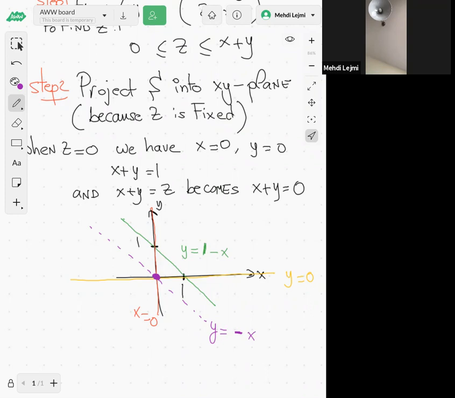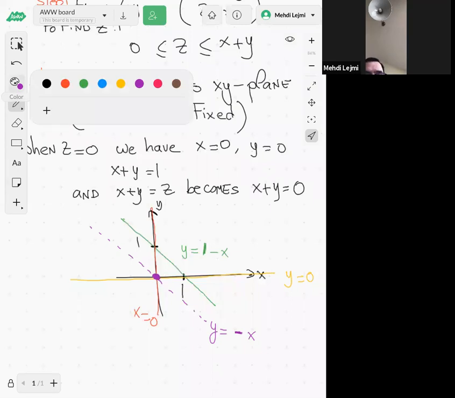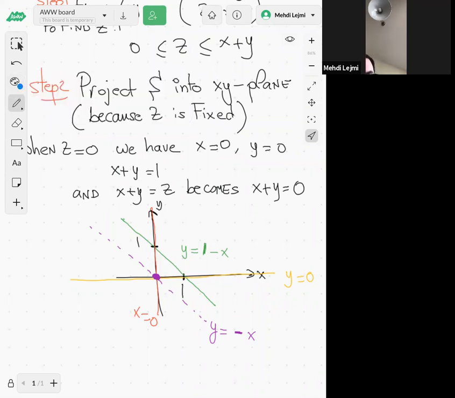All right. Anyway, so the region, our projection into the xy plane, is between all these lines. It will be this region here. This is x equals to 0, y equals to 0, and this line here.